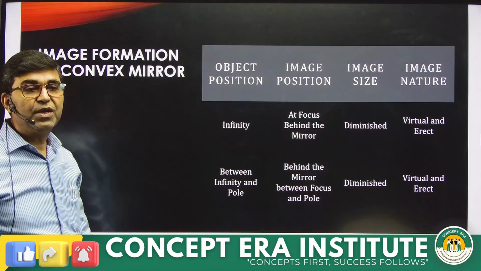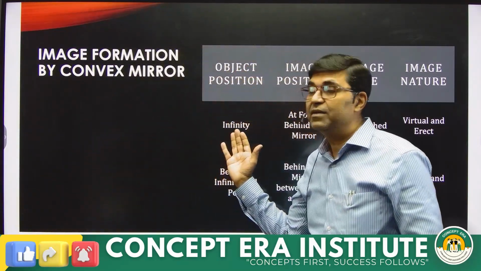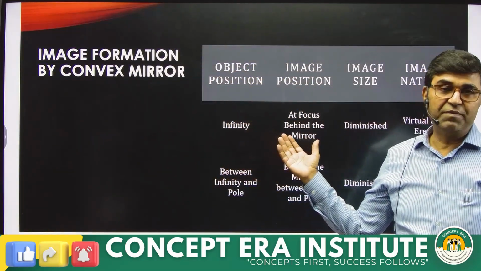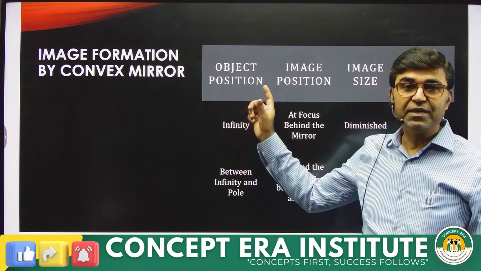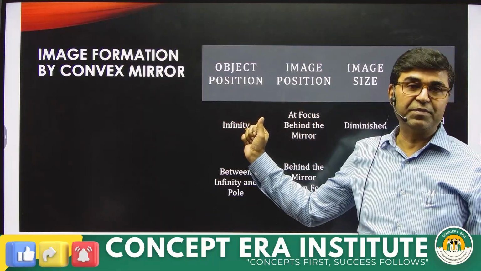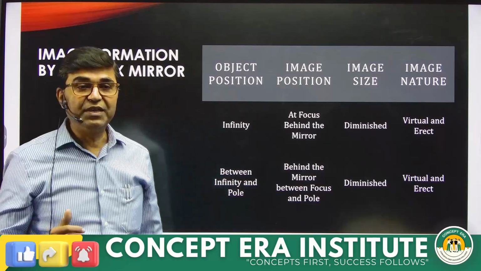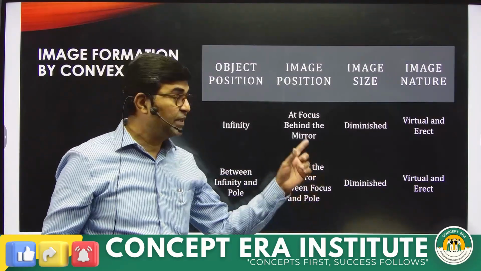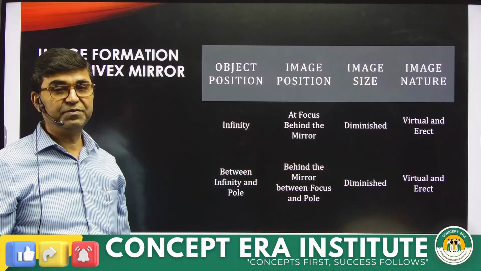Now coming to convex mirrors. Convex mirrors are of opposite nature to the concave mirror. As the concave mirror was a converging mirror, this convex mirror is a diverging mirror. In concave, we had real image also and virtual image also, but in convex, there is no real image, only virtual images are formed.